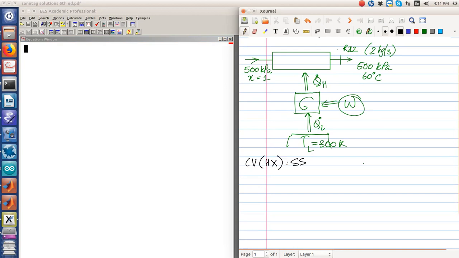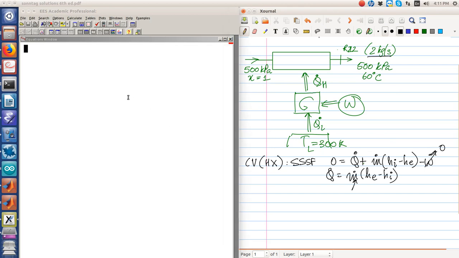For a steady state, steady flow process with only one input and one output, 0 equal to Q dot plus M dot (HI minus HE) minus W dot. W dot is equal to 0. So Q dot equal to M dot (HE minus HI). M dot is 2 kg per second, and exit states and inlet states are known.